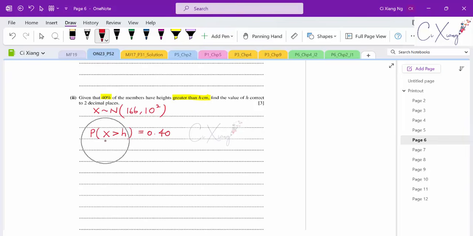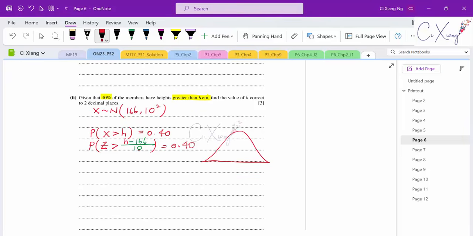Again, x is still normally distributed, so I will change it to z by standardizing it. So I have h minus the mean divided by the standard deviation, equals 0.40. If I try to draw a bell-shaped curve and shade the area that I want for this equation, it will be something like this.